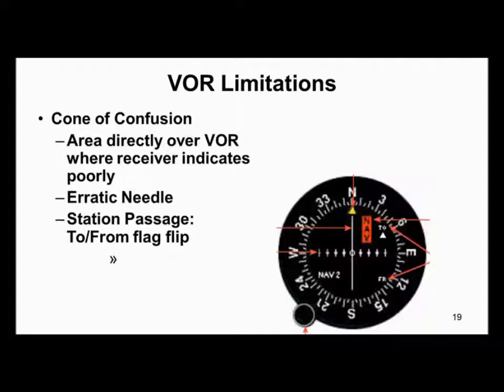All right, let's talk about limitations. We all know about the cone of confusion. You're flying over it, the needle starts to wiggle, the to-from flag starts to flop around. Really all you know is, okay, I'm really close. What do you do when you hit the cone of confusion? You go, oh, I'm confused. Or do you pull out your phone and start watching Conehead skits from Saturday Night Live from the 1970s? That's what most of us do.